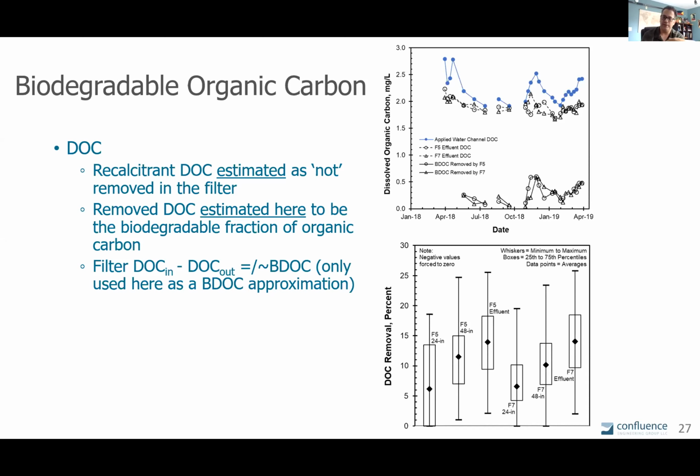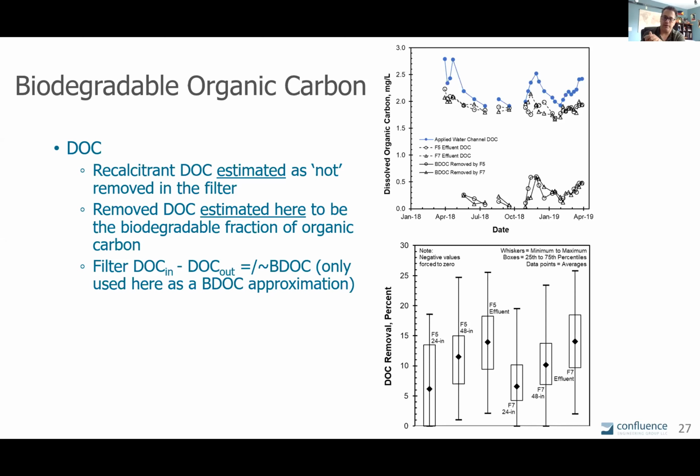If the DOC is removed from the filter, it's being removed through that biological process. We felt we could say that quite confidently. So you can see roughly about 0.5 milligram per liter, reaching about November, December of 2018, removal of BDOC on that time scale graph.